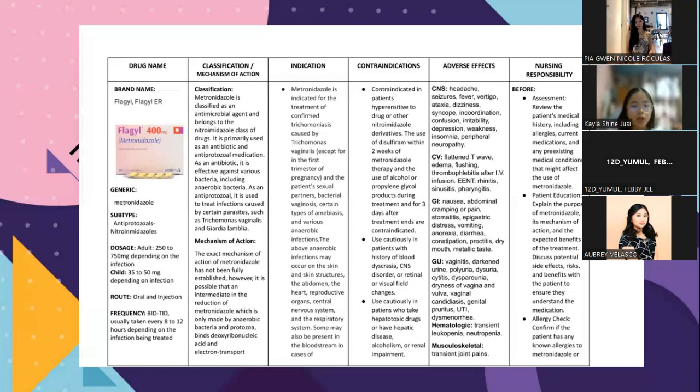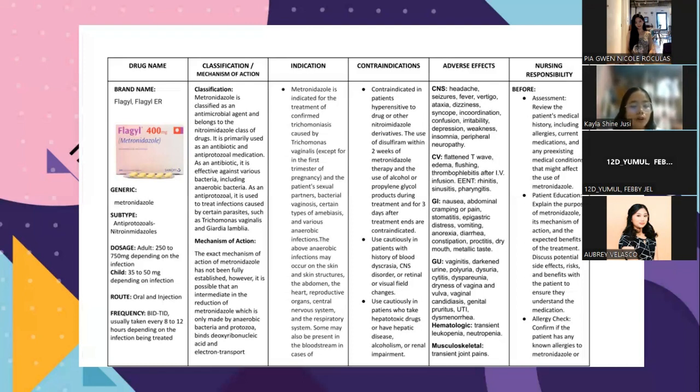So for the adverse effects, metronidazole, like any medication, can be associated with a variety of adverse effects. We have here the central nervous system: headache, seizures, fever, vertigo, ataxia, which is loss of muscle coordination, dizziness, syncope or fainting, incoordination, confusion, irritability, depression, weakness, insomnia, and peripheral neuropathy.